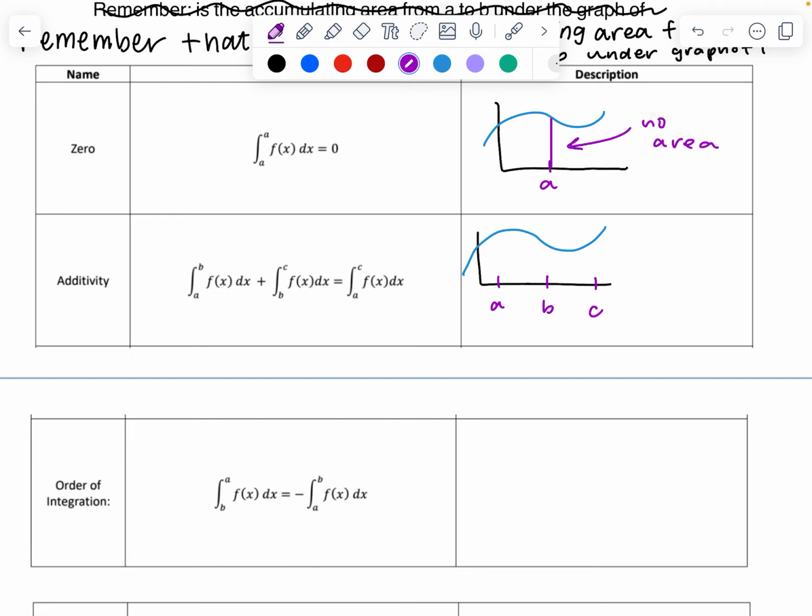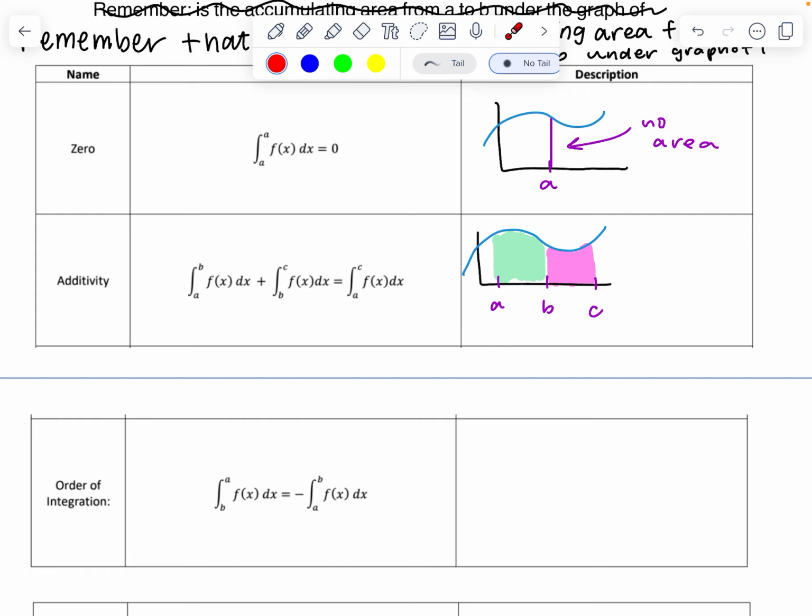What this is saying is that the area under the curve from a to b, so this space right here, plus the area under the curve from b to c, equals the area under the curve from a to c. That's pretty obvious. You would just add those together. So this area plus this area equals this whole area.